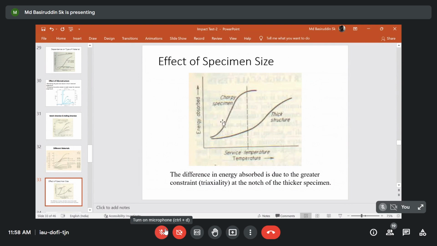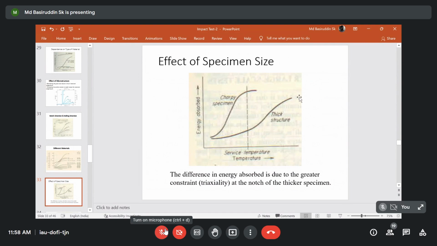That means whatever energy or DBTT you are getting are overestimated values. If you want to compare with real scale situations, you have to do the test considering the real scale thickness, and then the value you evaluate will be comparable to the real scale situation. What will be the probable reasons for these changes?